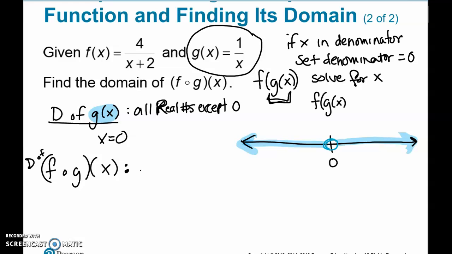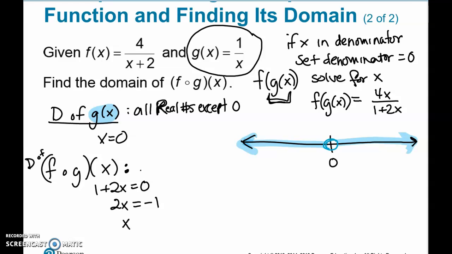The composite function has a domain, it would look like this. And to find that domain, set the denominator equal to 0 and solve for x. So I'm going to subtract 1 from both sides. I get -1.